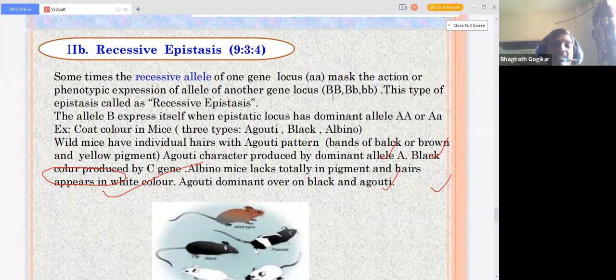In any case, this gene masks the character of the dominant gene, or sometimes this gene also masks the character. So this type of interaction is called recessive epistasis. In some textbooks, it is also called supplementary genes.